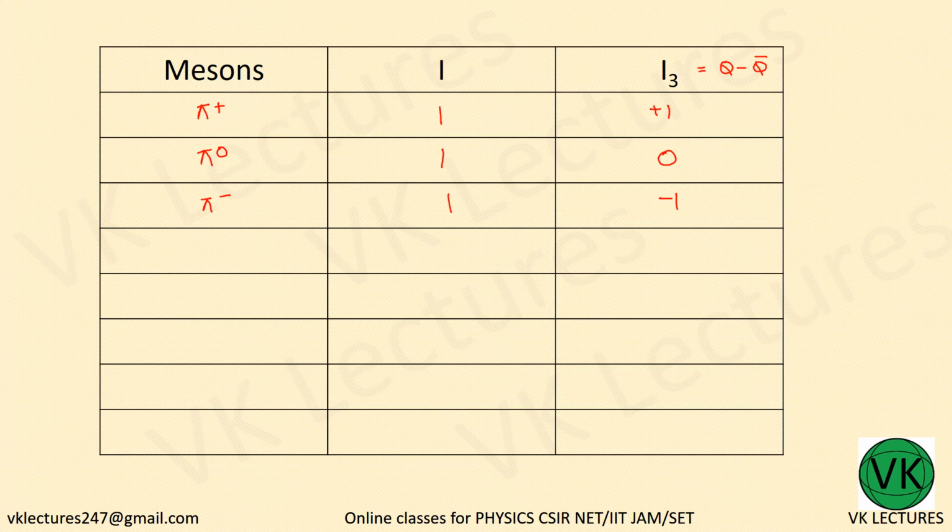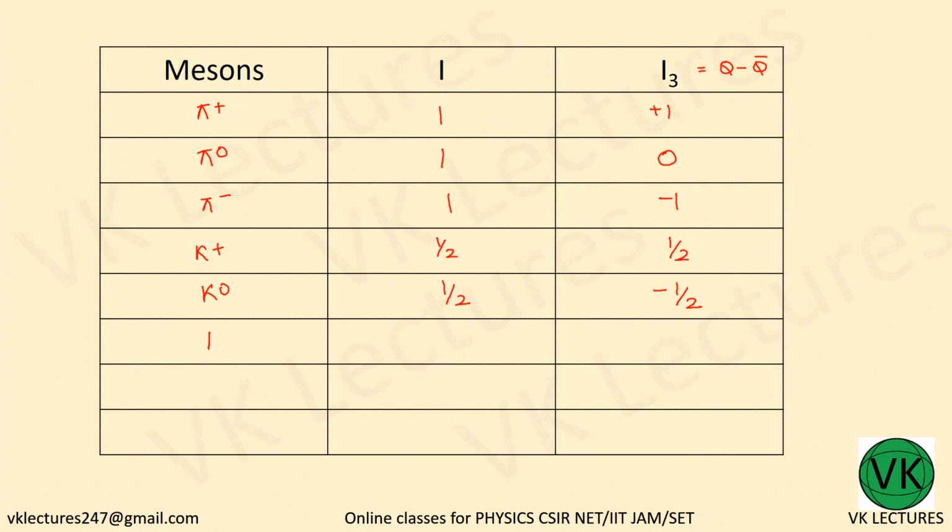And for K plus and K naught, both have 2 particles, so the isospin is half, and Q minus Q bar. Q bar here is half. So Q is plus 1 for K plus, so 1 minus half is half, and this is minus half.